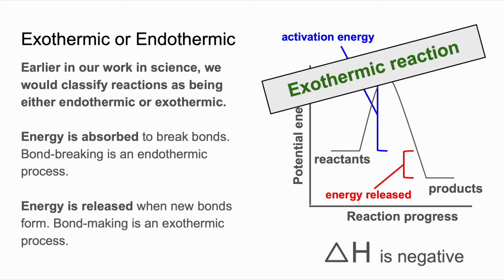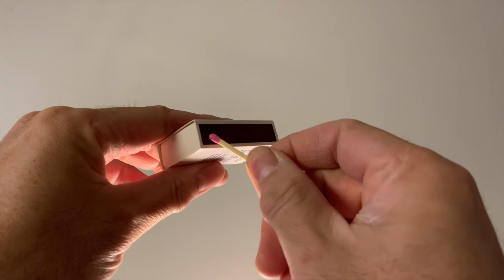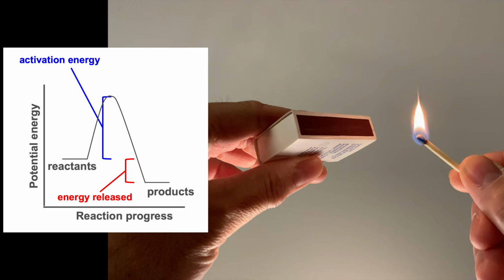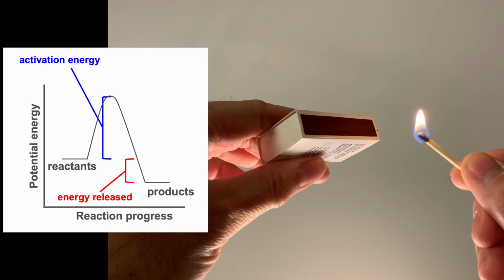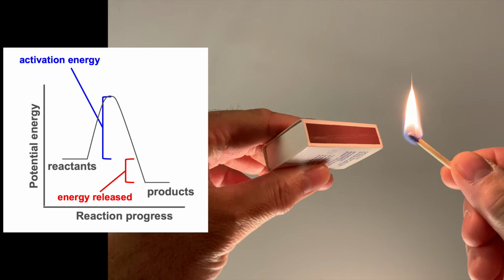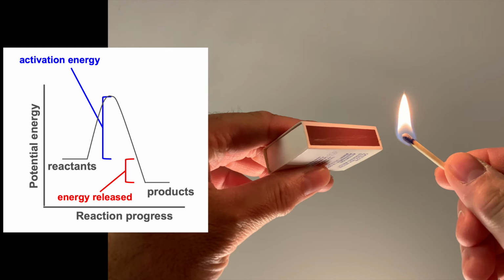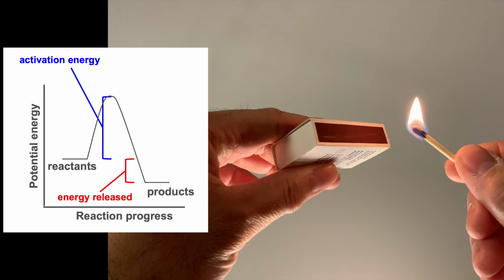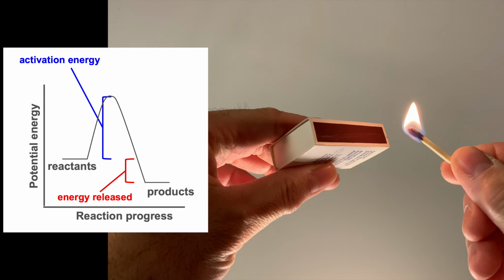And we would say that the delta H was negative. The classic example was the lighting of a match. Once that match has been struck, that's the activation energy. But once that activation energy has been met, that reaction just continues spontaneously. You don't need to keep adding energy to it. The reaction will go until it is complete. That was a classic example of an exothermic reaction.